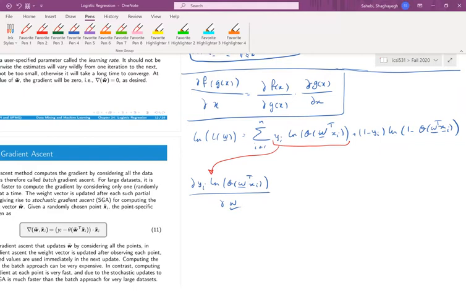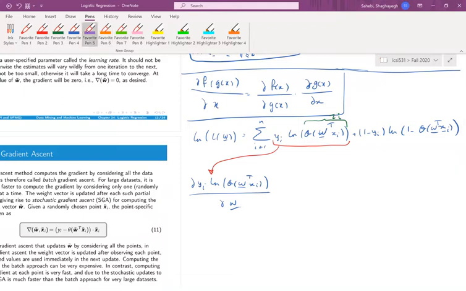But for the part that is inside, let's give these inside parts some little names so that it's easier for us to calculate them. So suppose that this sigmoid of W transpose xi is called Zi.